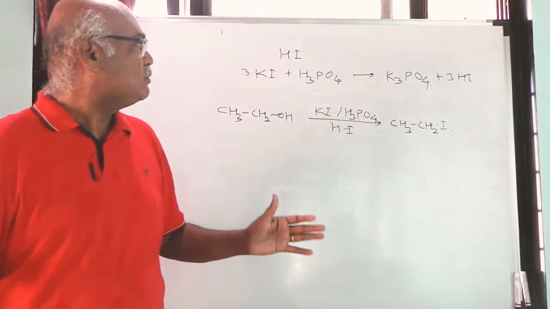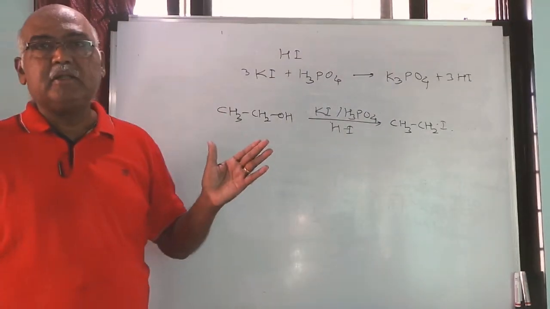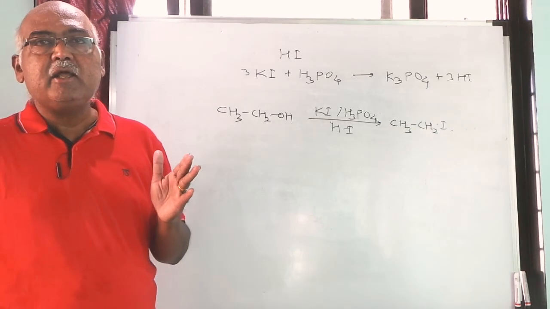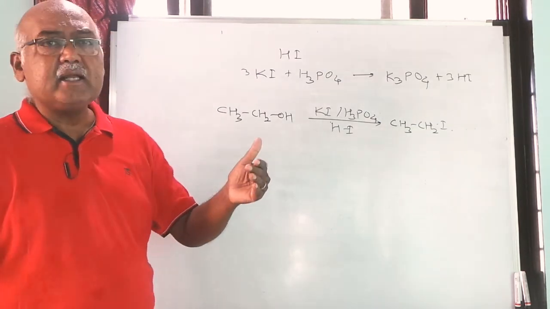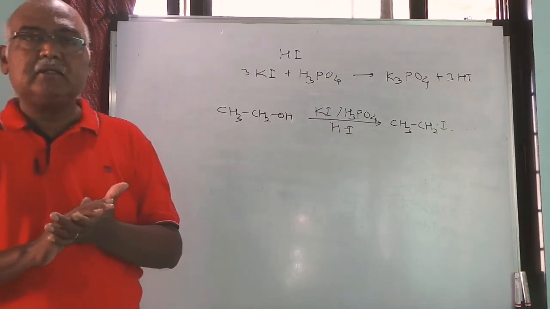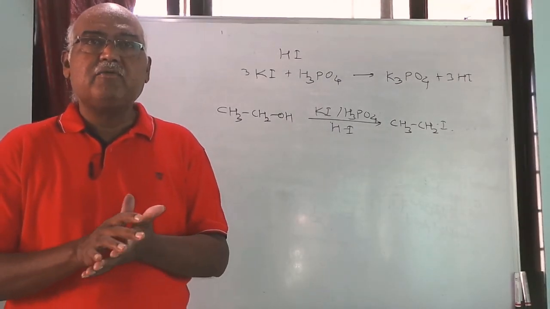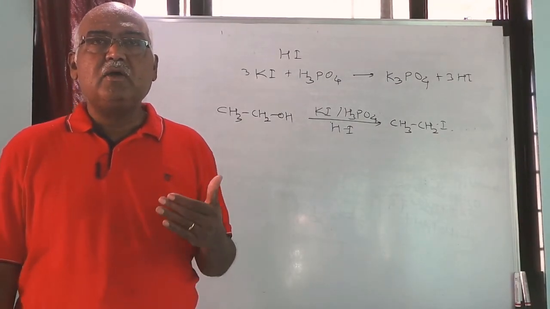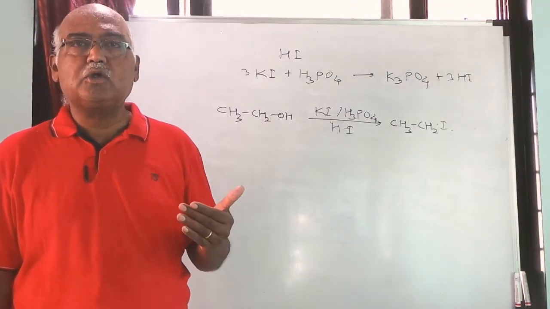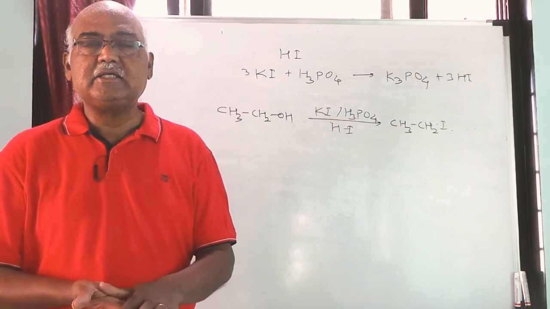So this was the third method, by which we have taken alcohols and treated them with either HCl, HBr or HI. We can prepare these alkyl halides from alcohol by using phosphorus halides and thionyl chloride also, but that we'll see in the next lecture. Thank you.